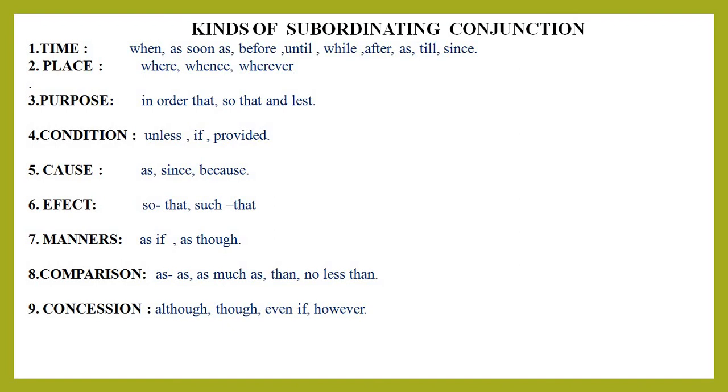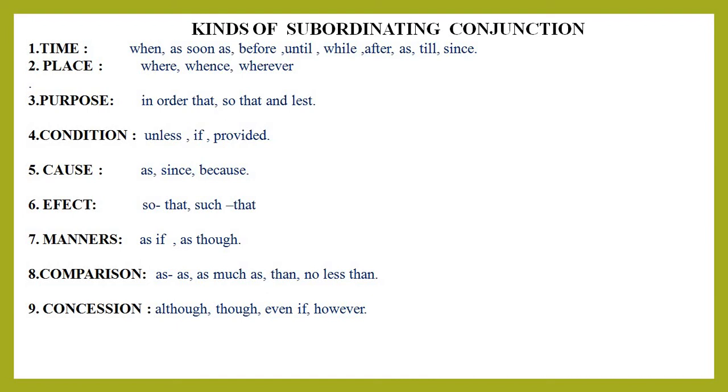Now, for place: where, whence, and wherever are the conjunctions related to place. Purpose-showing conjunctions are in order that, so that, and lest. Number four, condition. Condition-showing conjunctions are unless, if, provided, etc. Cause-showing conjunctions are as, since, because.